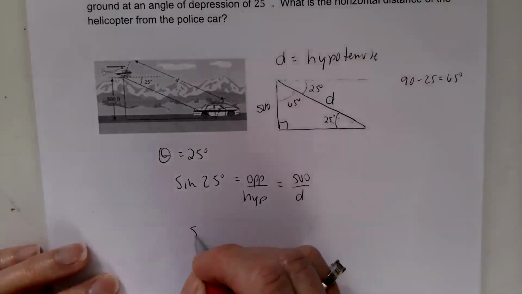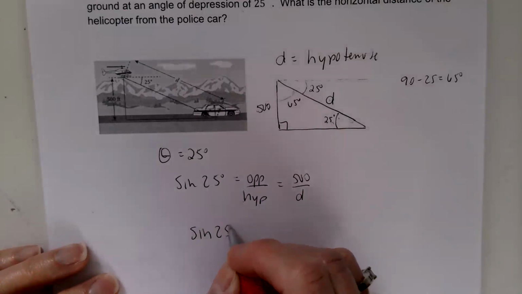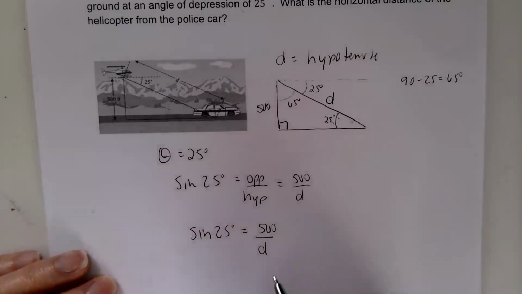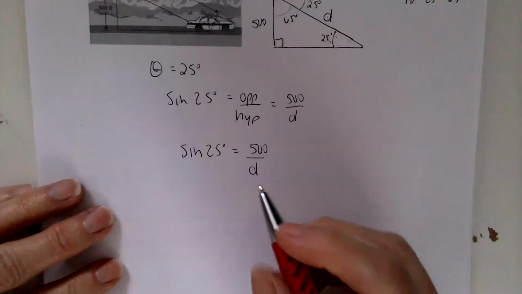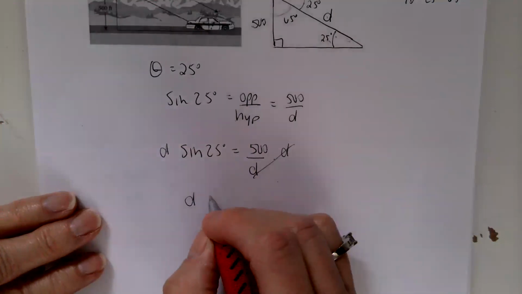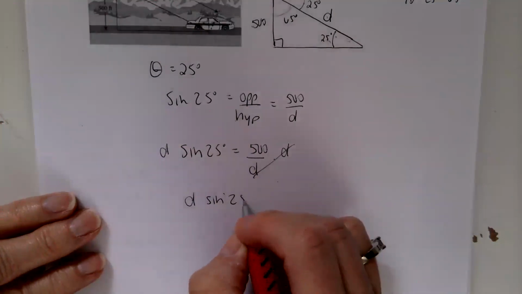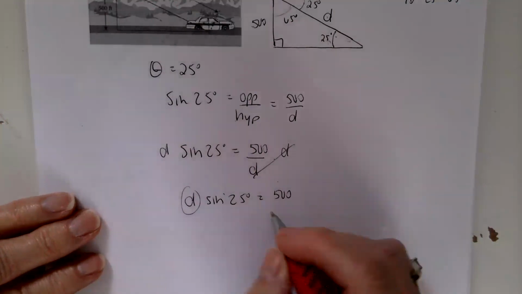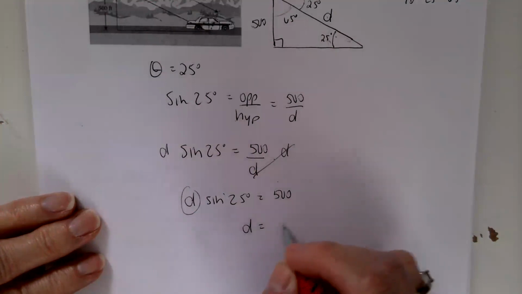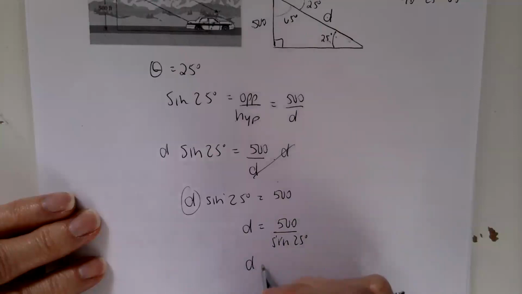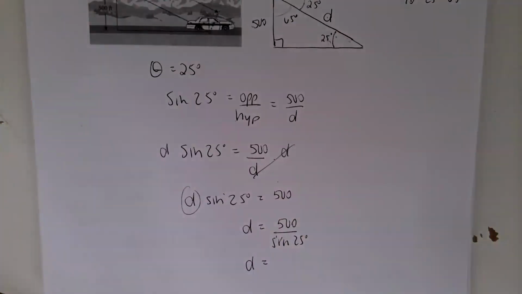So sine of 25 equals 500 over D. If I multiply both sides by D, I'll have D times the sine of 25 degrees equals 500. Then to solve for D, I can divide both sides by the sine of 25 degrees, and I can find out that distance.